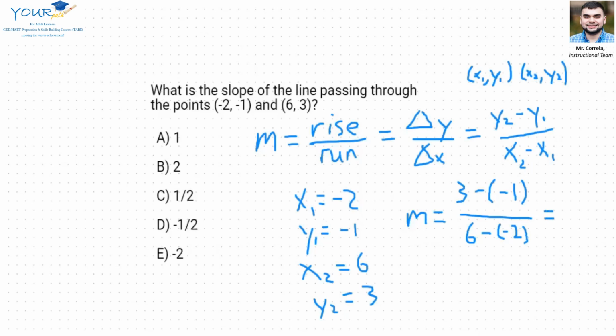Now, if you remember back to arithmetic, subtraction is the same thing as adding the negative number. So we can rewrite this as 3 plus 1 over 6 plus 2. And simplifying that, we get 4 divided by 8, which simplifies to 1/2.